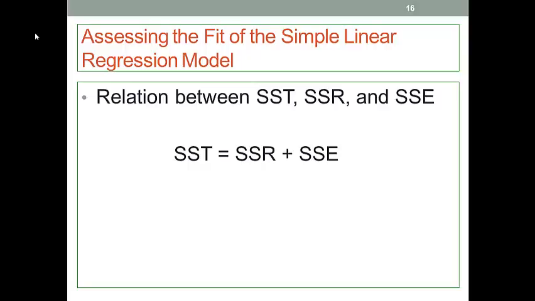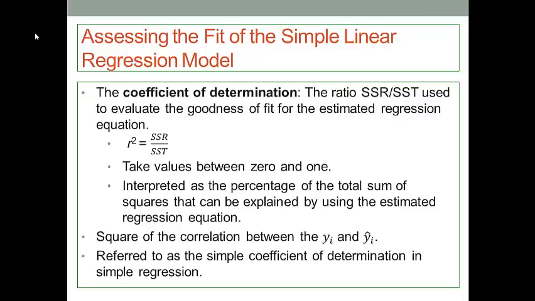According to SSR and SST, we developed the R-square. R-square equals SSR over SST. R-square represents how much the estimated equation, or the regression model we got from the software, can explain the real relationship between the independent factor and the dependent factor.